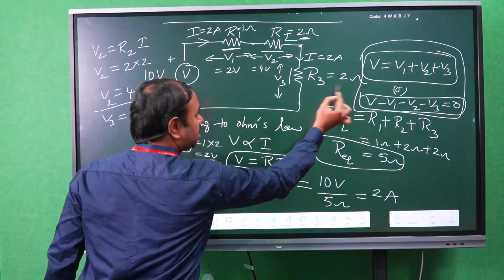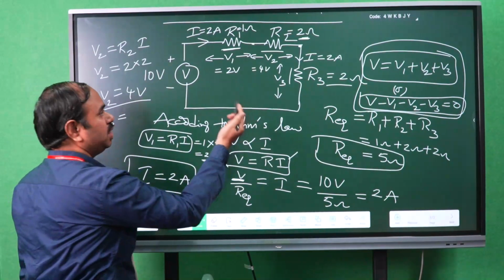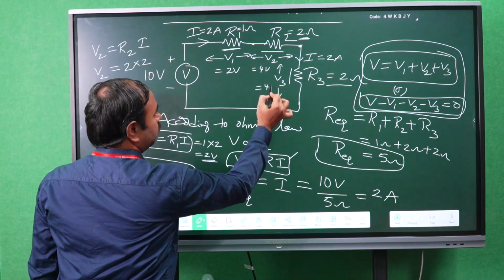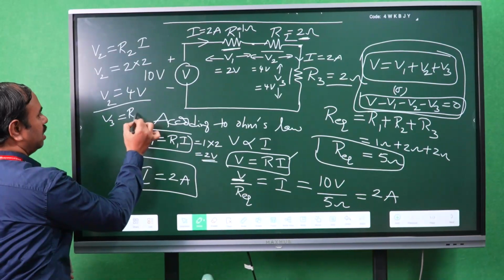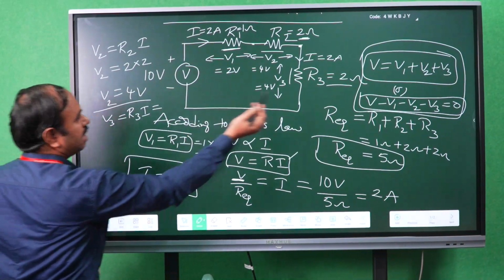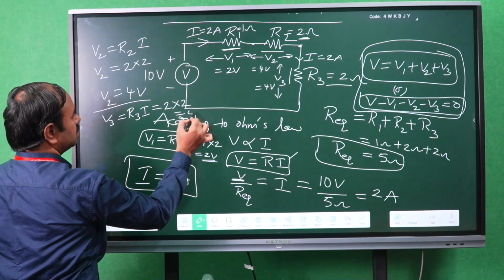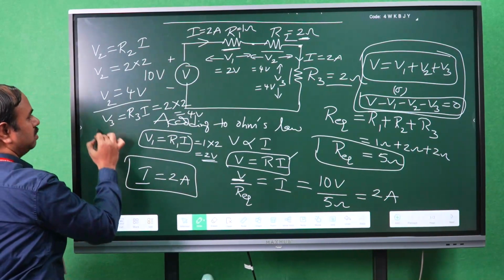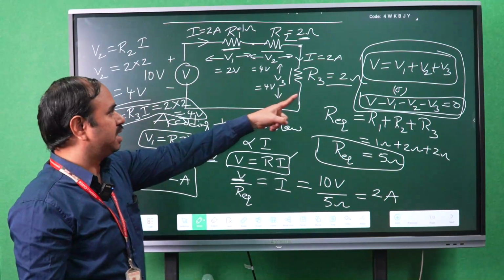R2 is 2 ohms, R3 also 2 ohms and current is 2 amperes. Therefore automatically you will get V3 also 4 volts. Otherwise you can solve: V3 is equal to R3 into I. R3 value is 2 and current I is 2. So it is 4 volts. V3 is 4 volts.